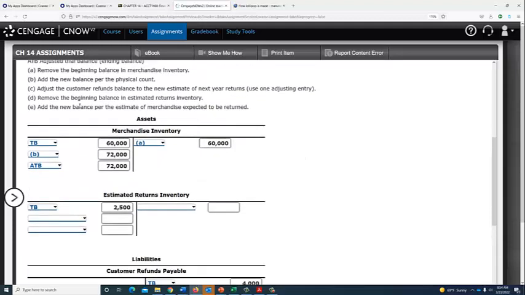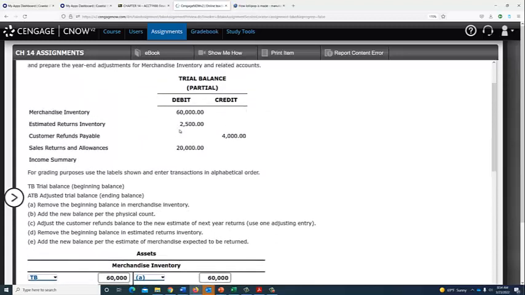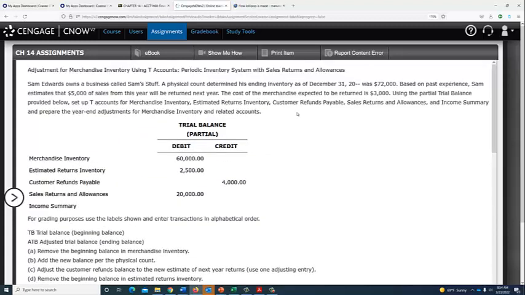In D, it says remove the beginning balance in estimated returns inventory, and then in the next step we'll add the new balance. So this is the returns that we're anticipating at cost. So it says the cost of the expected merchandise to be returned is $3,000.